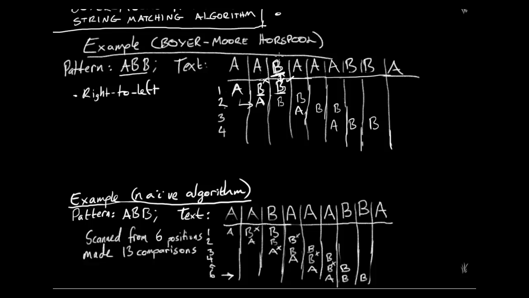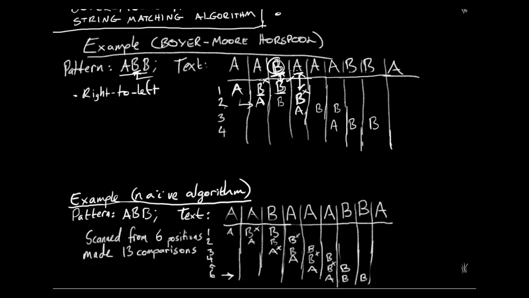So this B here, we're trying to align this with the rightmost occurrence of a B in our pattern, which is right here. And as you can see, that only moves it along by one. And then again we check right to left.